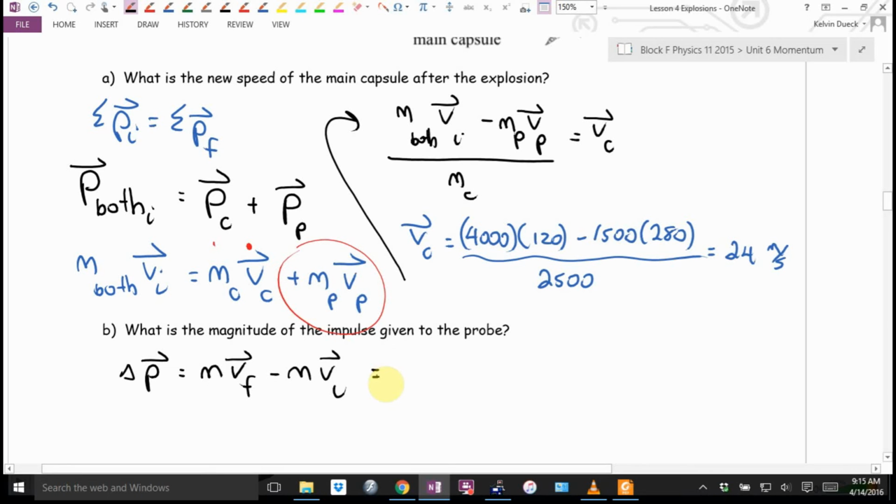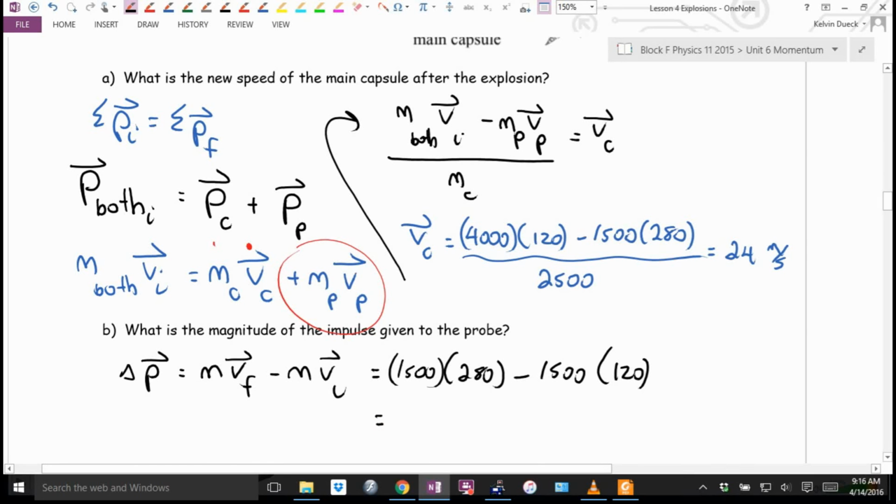All right. Hey, John, what's the mass of the probe? What's the final velocity of the probe? Minus mass of the probe, 1,500. What's the initial velocity of the probe? 120. Yep. By the way, the probe gained momentum.